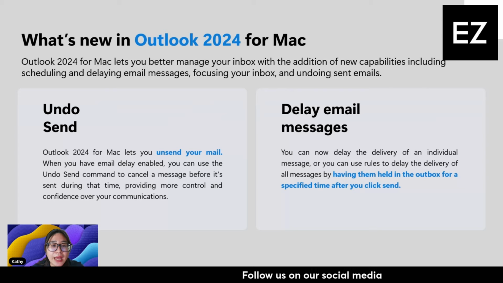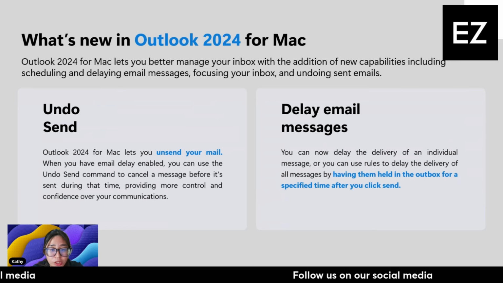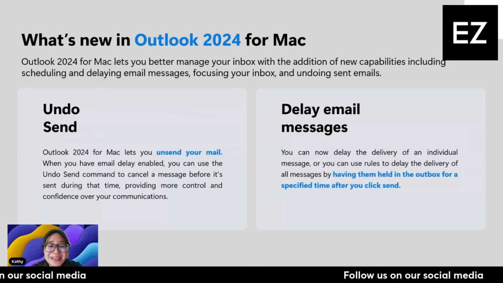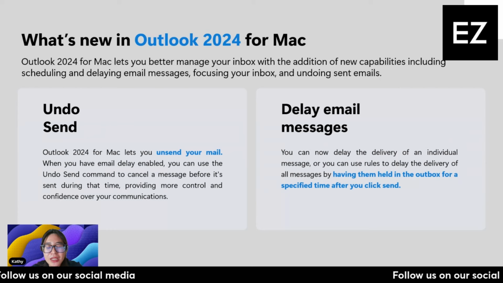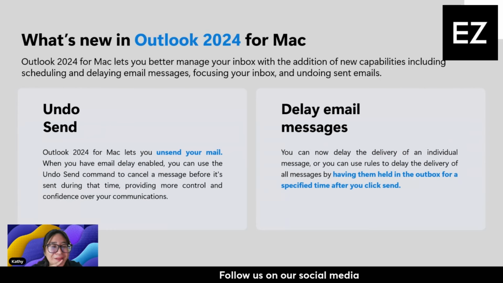And lastly, for Outlook for Mac, you have the undo send and also delay email message. Undo send is basically where you have the ability to unsend your email. It's the undo send command to cancel the email, just in case once you click send and you're like, oh crap, I shouldn't have written that.